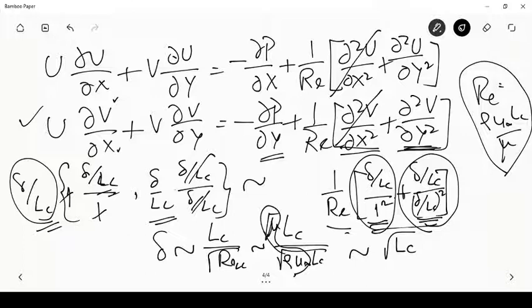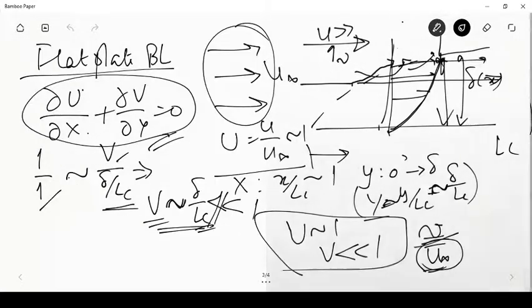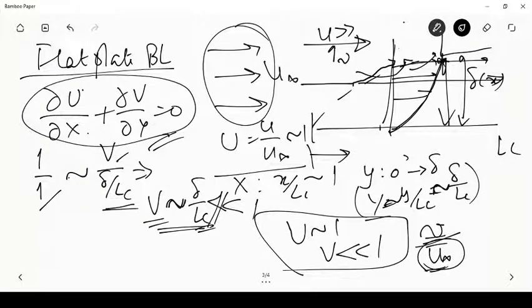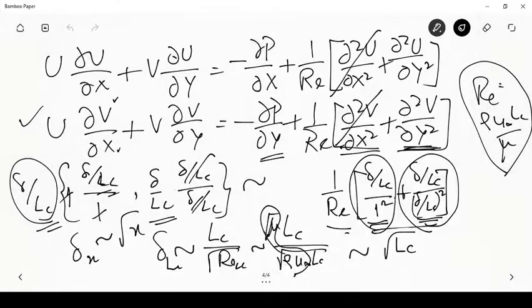So this is delta at LC, that is at the end of the boundary layer, but at any x, delta of x is going to be of the order of square root of x, because whether we are looking at the boundary layer at this location or this location or this location, the boundary layer will keep changing, and the delta at any location is proportional to the square root of x, multiplied by some constants that would appear here.